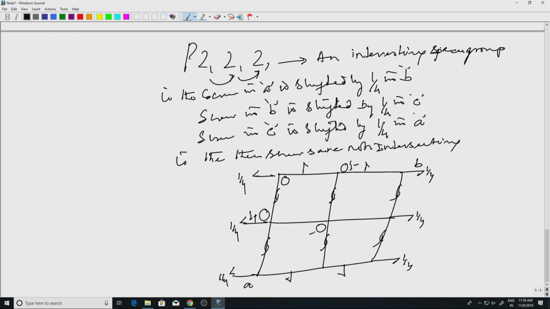Now we can see that these two are related by the screw. Now 1, 2, 3, 4. 1: x, y, z. 2: x bar, half plus y, half minus z. 3: half minus x, half plus y... actually 3: half plus x, half minus y, z bar. 4: half minus x, y bar, half plus z.